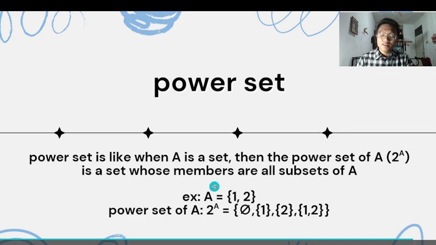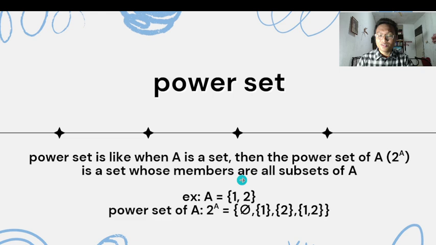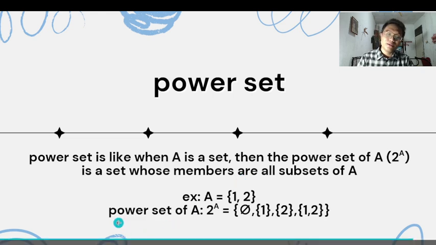For the example, A has members 1 and 2. And then we will write the power set of A, with the same notation, as equal to the empty set. This is the notation of not having any elements, so it is included in the power set. This is the symbol we just encountered earlier.